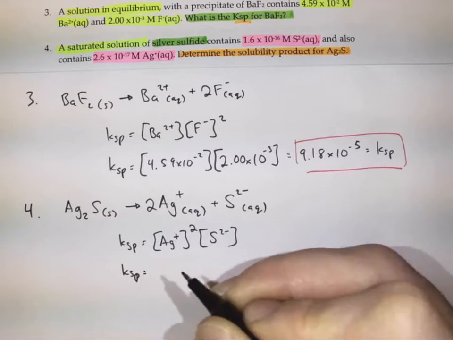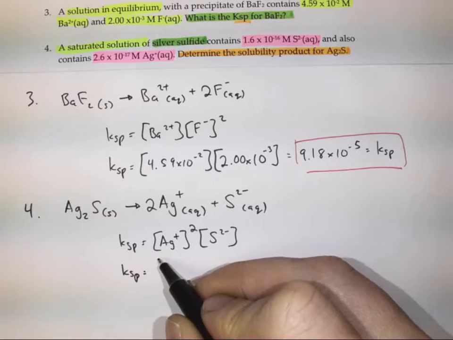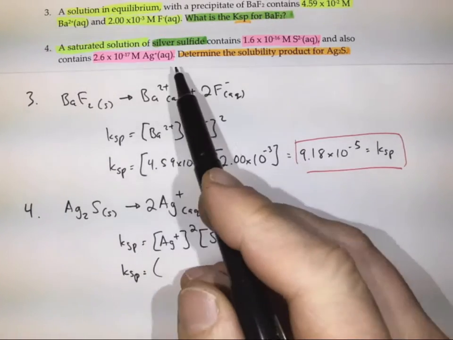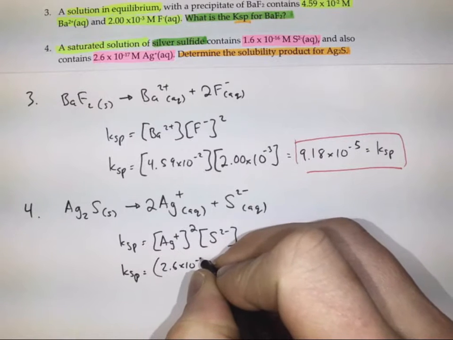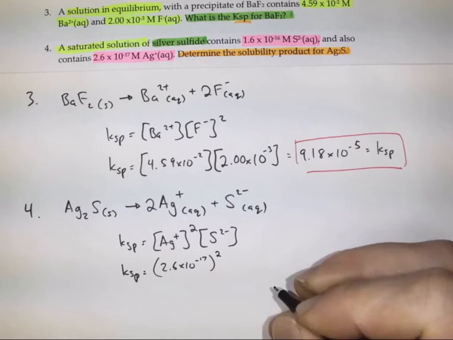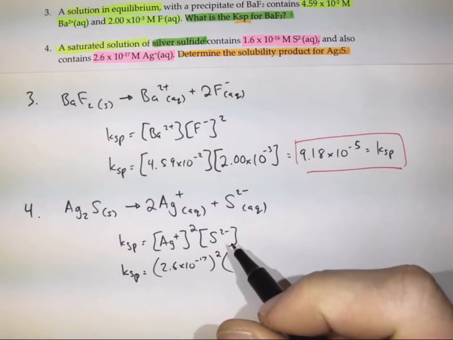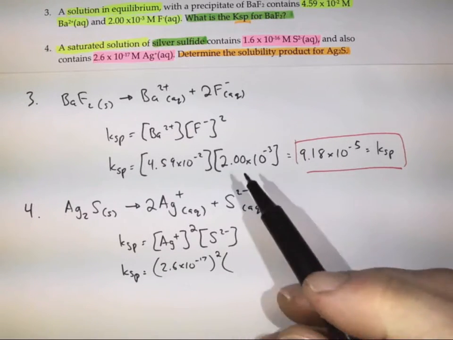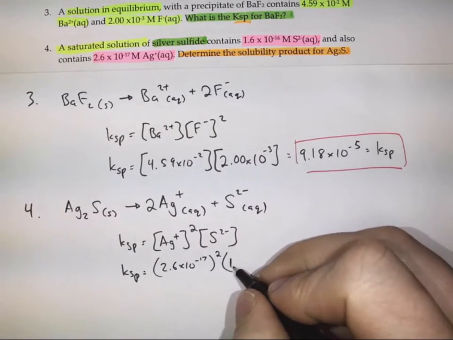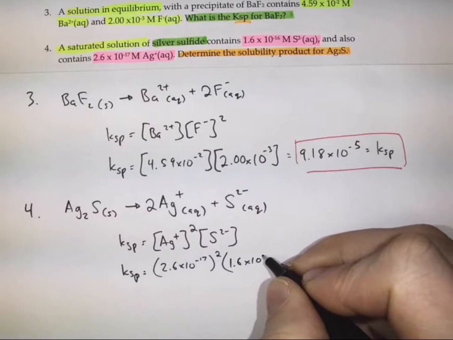Because our Ksp is going to be equal to the concentration of silver, which is 2.6 times 10 to the negative 17 squared. This is going to be a very small number. And the concentration of sulfide, which is 1.6 times 10 to the negative 16.